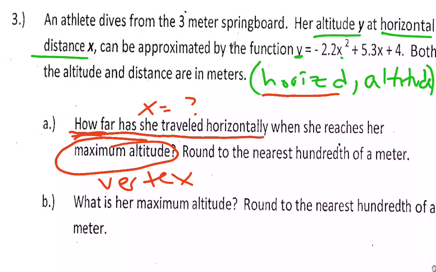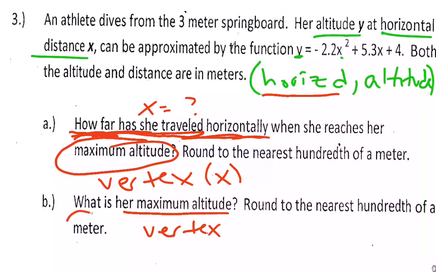And because it said how far has she traveled, that means I'm looking for the x coordinate of my vertex. Part B says what is her maximum altitude? Since it says maximum, I'm dealing with my vertex. And since it wants to know what is my highest point, I need my vertex y.